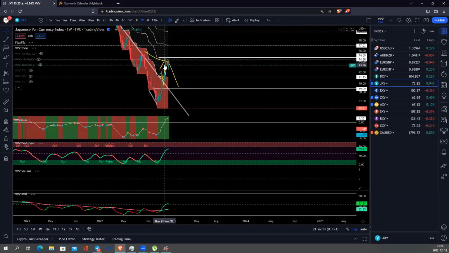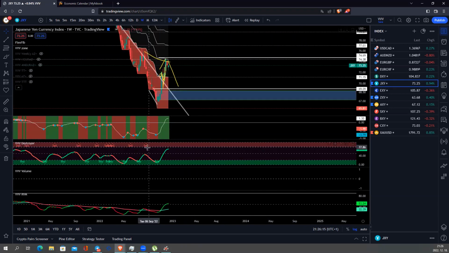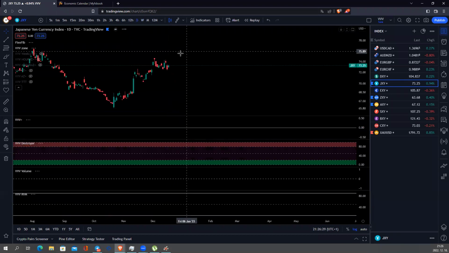First of all, we reached the target zone, and there is a divergence. There is still a divergence. I want to see this price also make a correction. I want to see this correction on the JPY pairs.